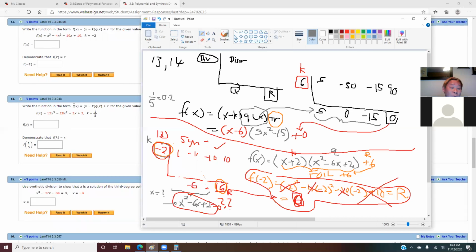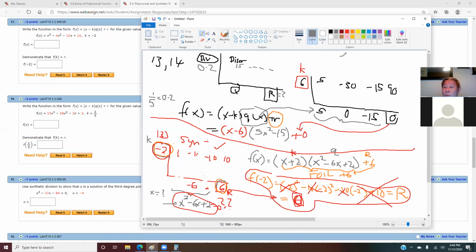So what you do on question 14 is you put 0.2 here, and then you put all these numbers in here. Same thing. Then you use 0.2 instead of 1/5. And when you put 1/5 into your x, you will always get back whatever remainder you get here. So that's what you got here.